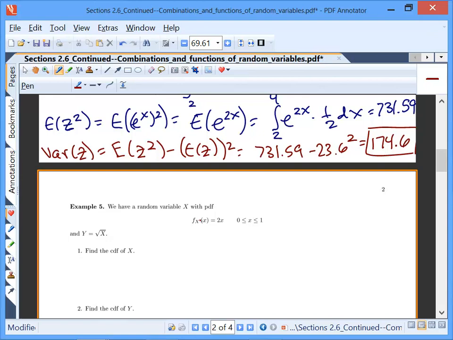Okay, the first thing I want you to do is find the CDF of x. So this is really a good review of everything we've done so far. How do we find the CDF from the PDF? We integrate. And what are my bounds? Well, I want to go from my lower bound to x, but if I'm going to go to x, I should have a dummy variable. We'll use t.